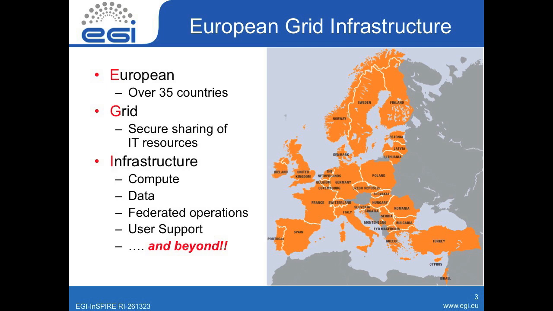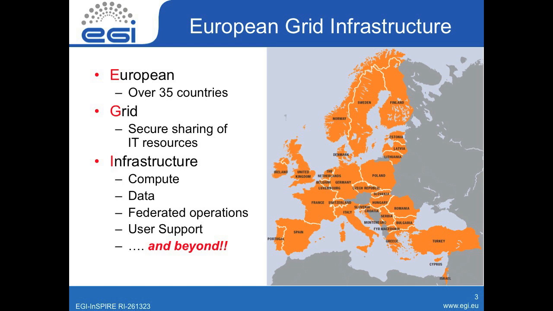The European Grid Infrastructure covers over 35 countries in Europe, and it is currently sustained by a European funded project, EGI-InSPIRE. You can see here in the map the partners of this project.